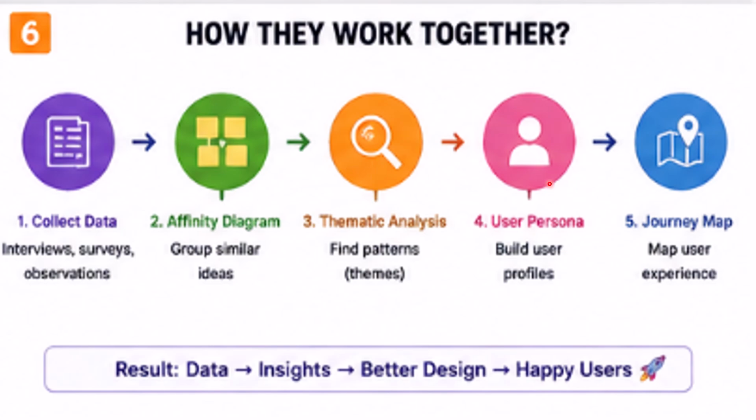User personas are created to represent target users, and user journey maps illustrate how users interact with the system. Together, these techniques transform raw data into valuable insights that help create better products and happier users. It's like data, insights, better design, and happy users.